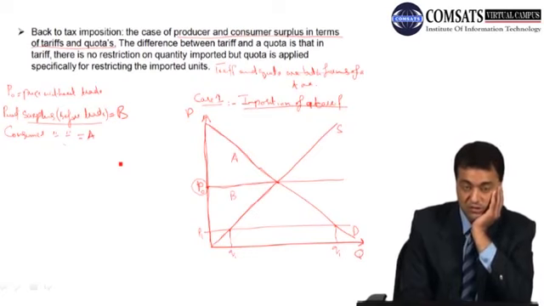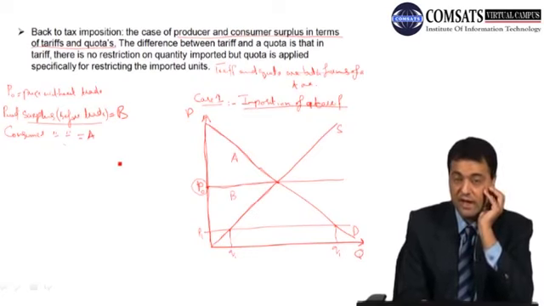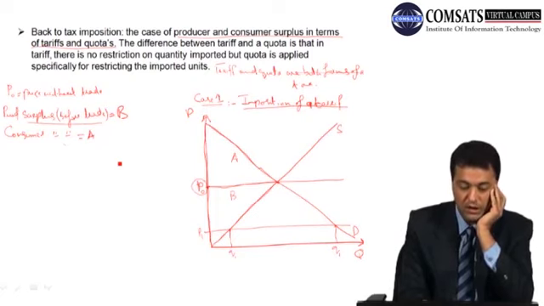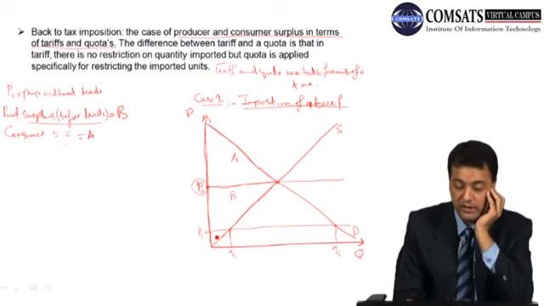Now when the price comes down, because now there is ample supply of gas, price comes down to P1. What happens to the consumer and producer surplus? There is this new area over here. As you can see, a new area has formed here.